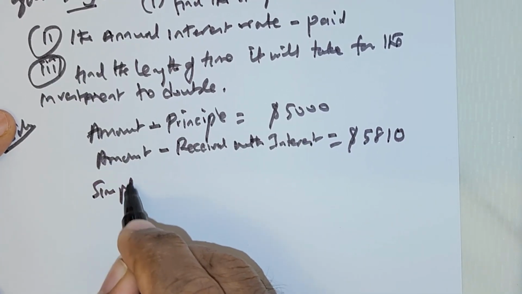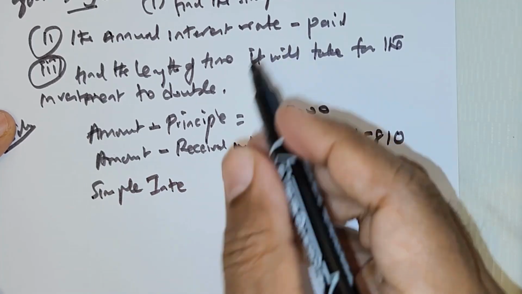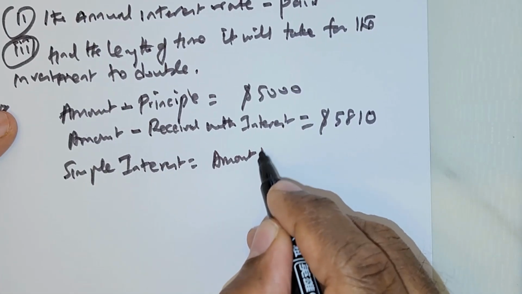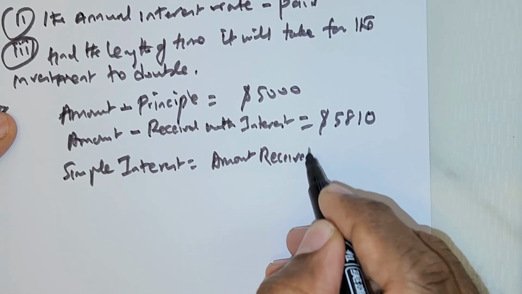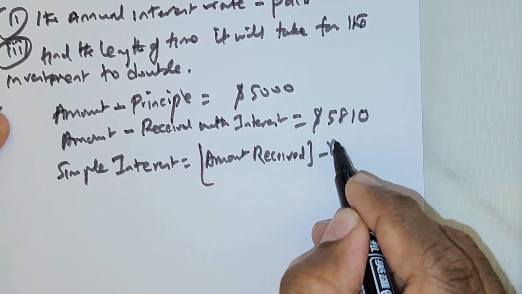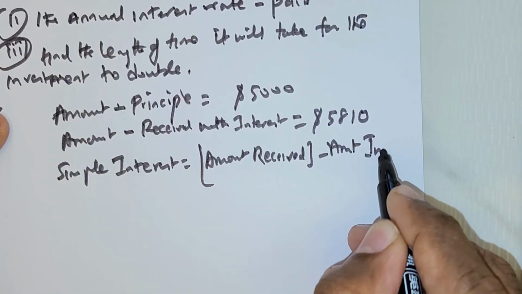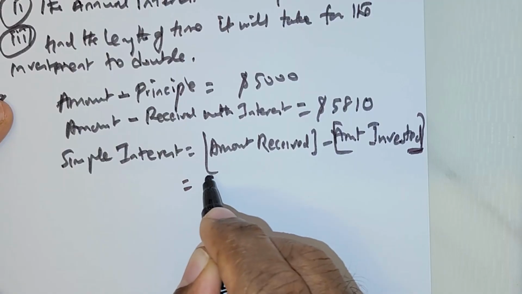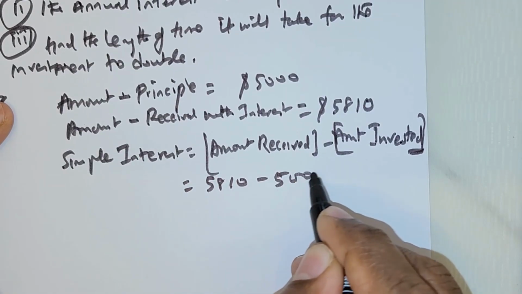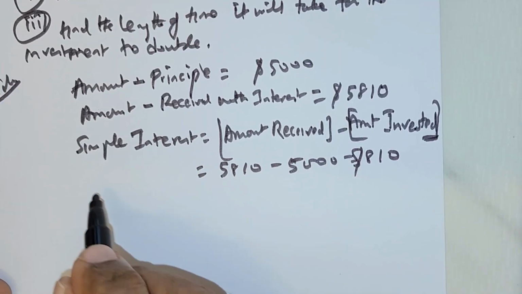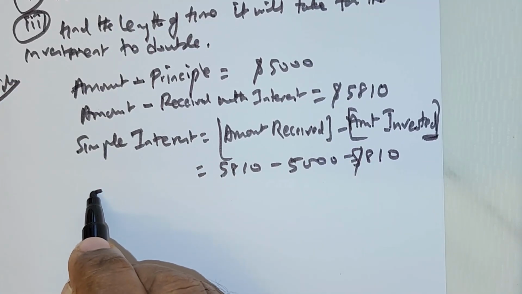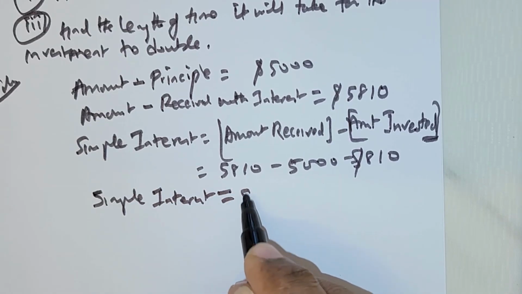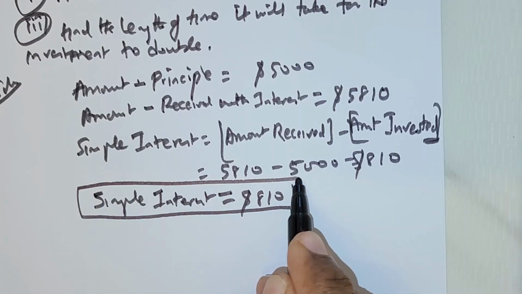So the simple interest formula is amount received minus amount invested. Amount received $5,810, amount invested $5,000, so $810. So this is the simple interest, $810. You box it.